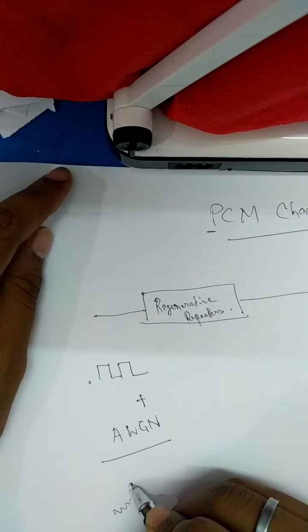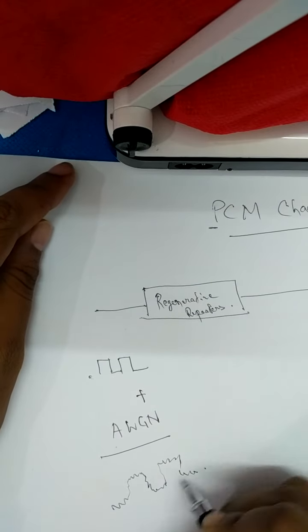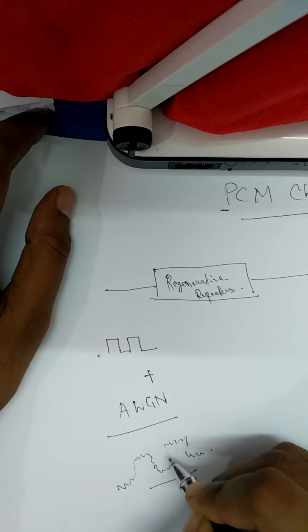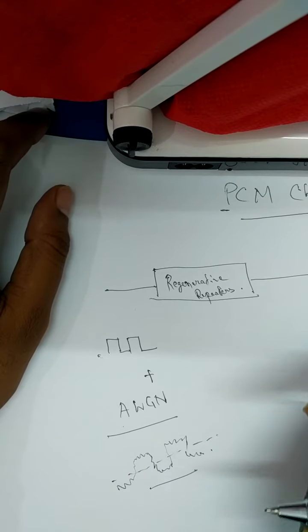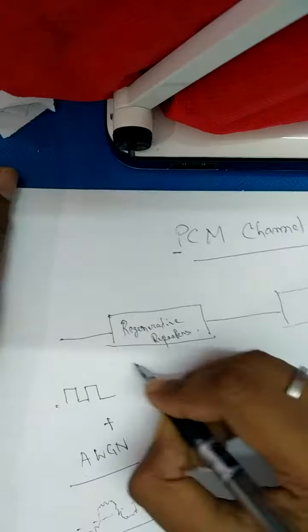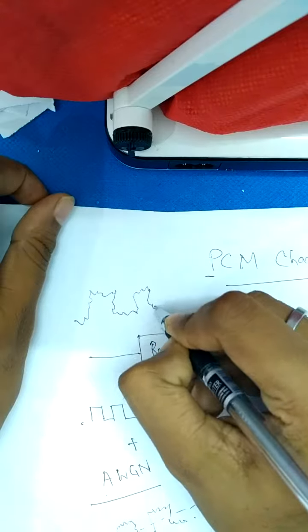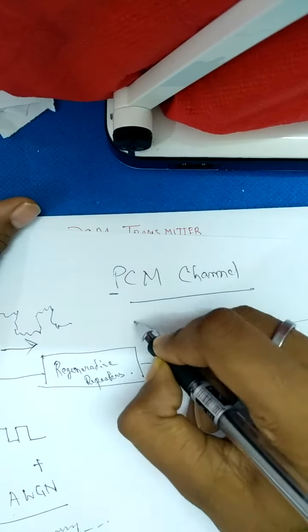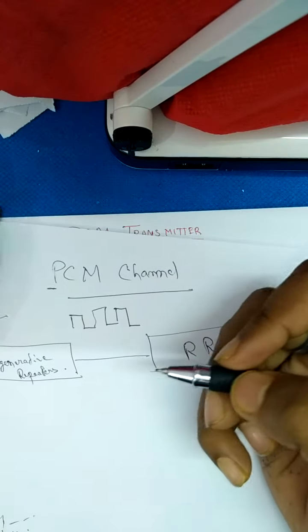So what happens is that they get mixed up with your noise, and this becomes noisy, and after a certain level it becomes very difficult to recognize which is 0 and which is 1. So when a noisy signal comes into your regenerative repeater, it decodes it and again reproduces the signal in its clear or pure form.